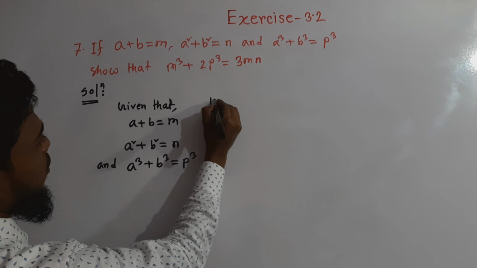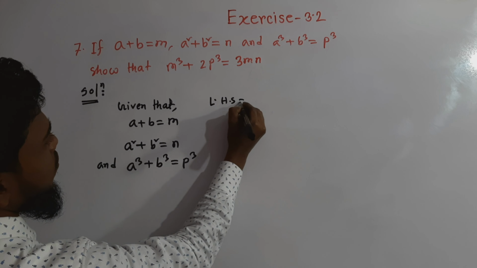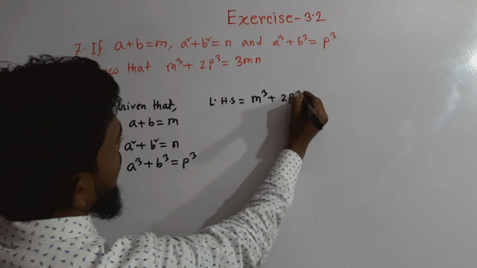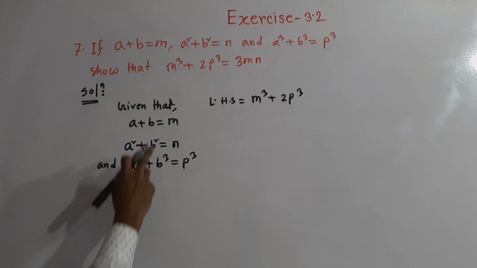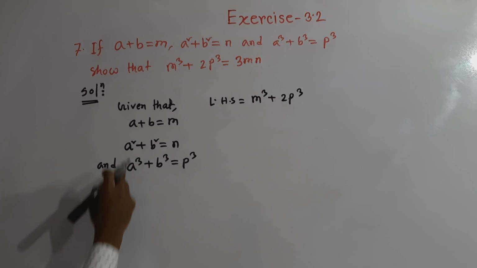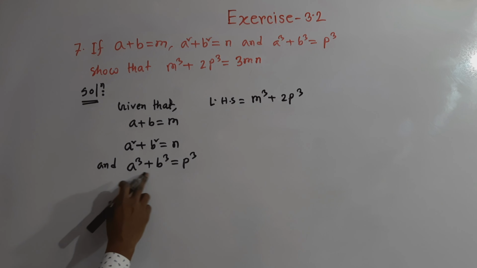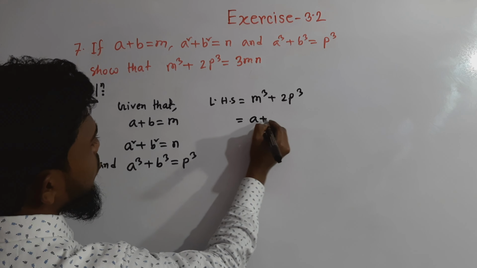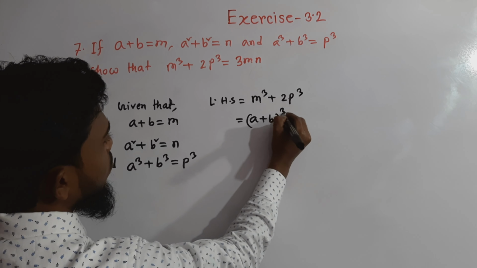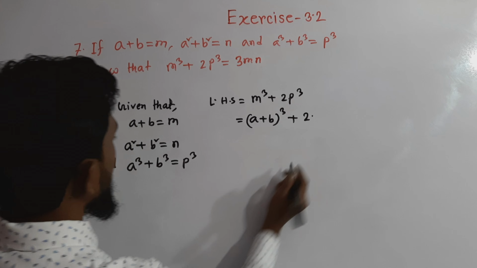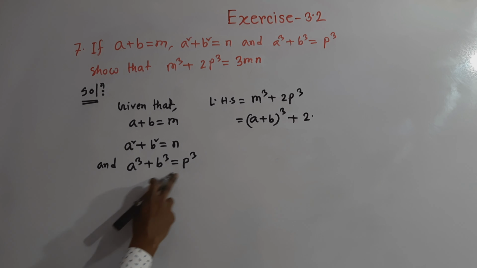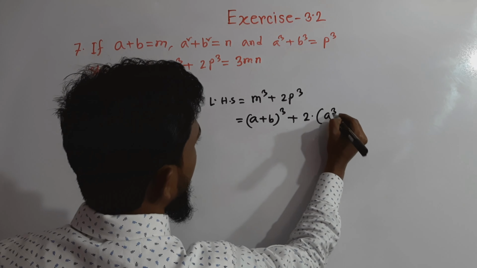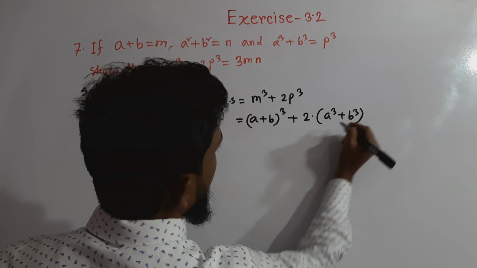Now left hand side is equal to m cube plus 2p cube. Here the value of m is equal to a plus b, and the value of p cube is equal to a cube plus b cube. So we can write (a plus b) whole cube plus 2 into a cube plus b cube.